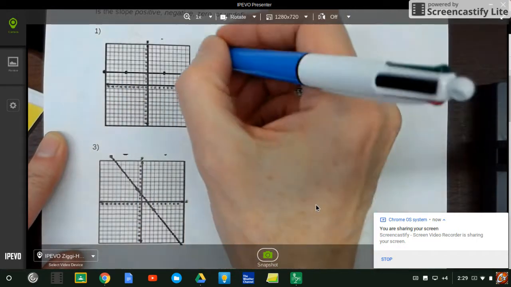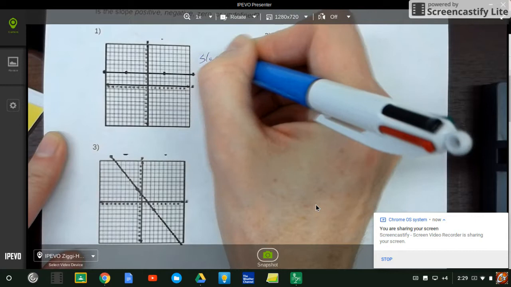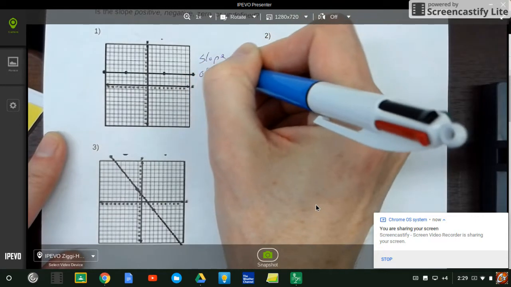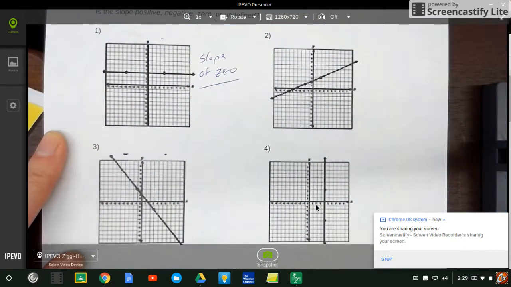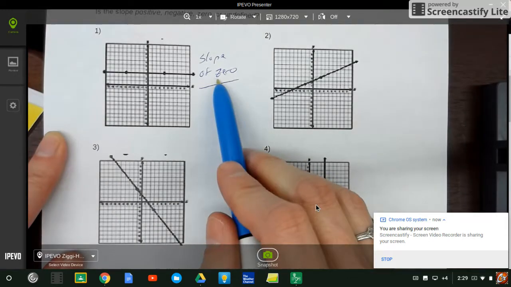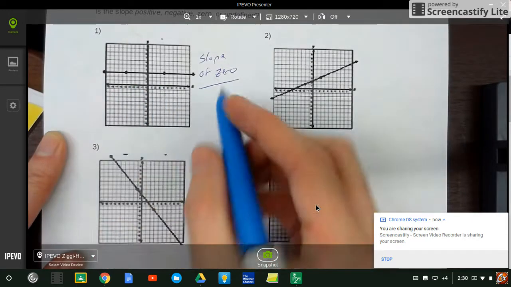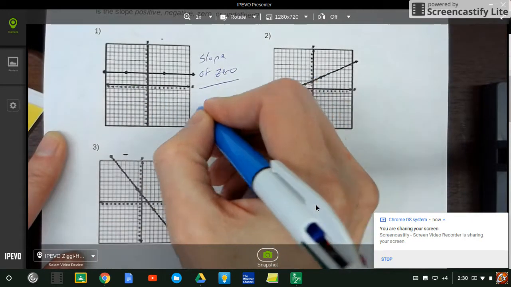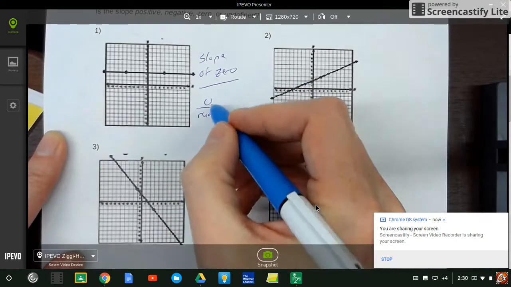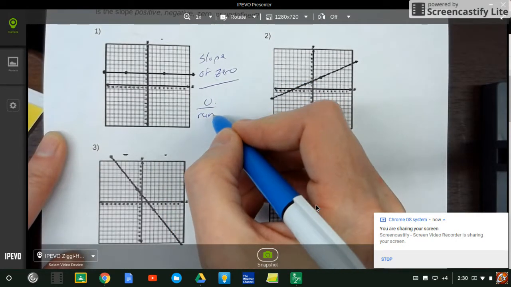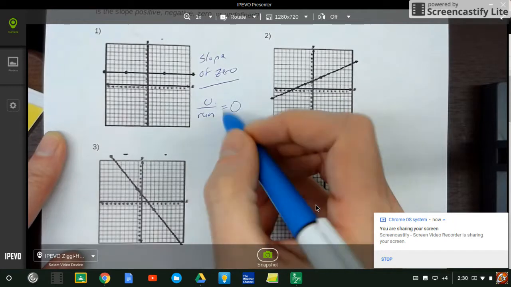A flat line has a slope of 0. Now that doesn't mean it has no slope. 0 is an actual number. It has no rise and it has a run. Anytime I take a 0 and divide by a number, that always equals 0.